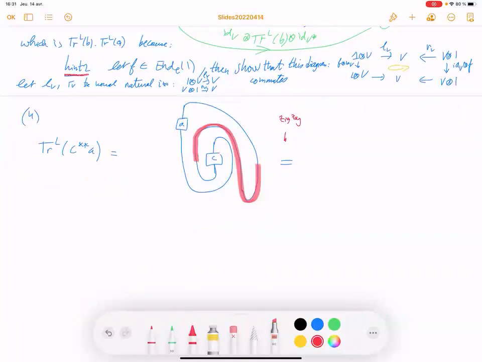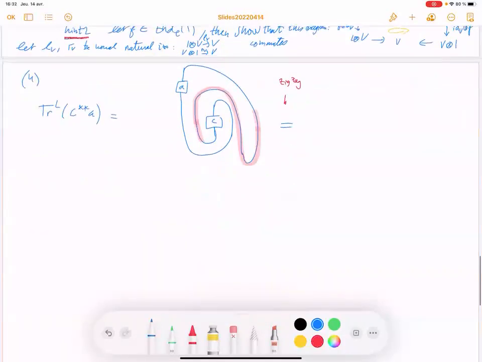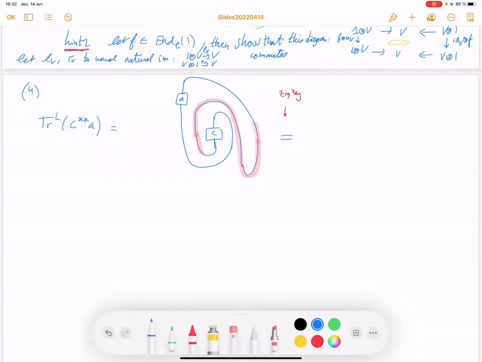So what you get is that. You replace that by just a single strand, and you have C, A, and you do like that, and like that. So you see.